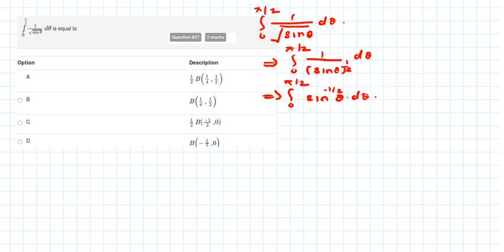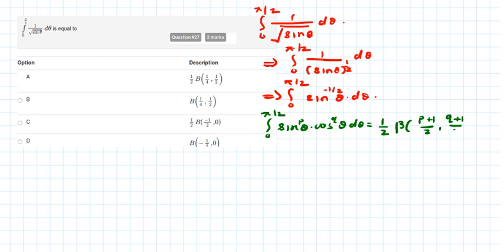Now I know one formula, and the formula is integration 0 to pi by 2 sin raised to p theta into cos raised to q theta d theta is equal to 1 by 2 beta of p plus 1 by 2 comma q plus 1 by 2. Okay, you can observe here the cos theta term is absent in this equation. So we need to adjust that cos theta term.